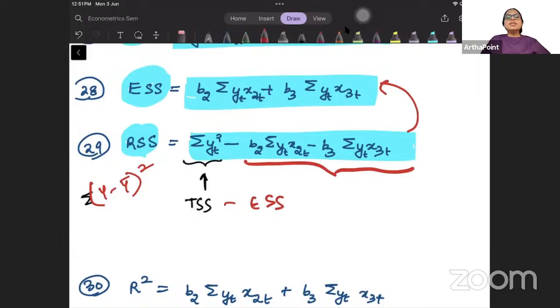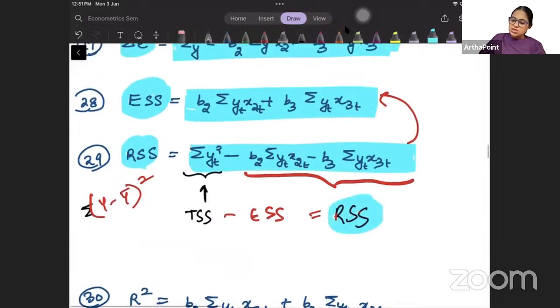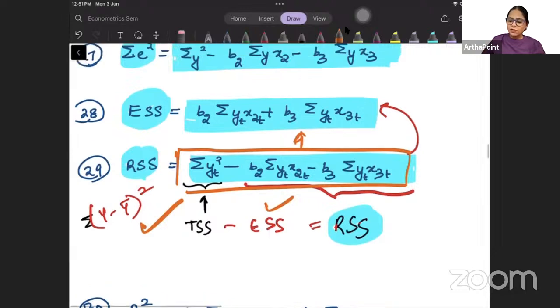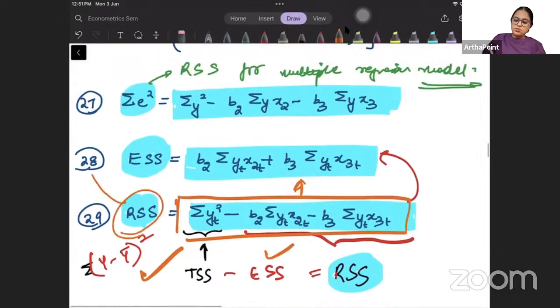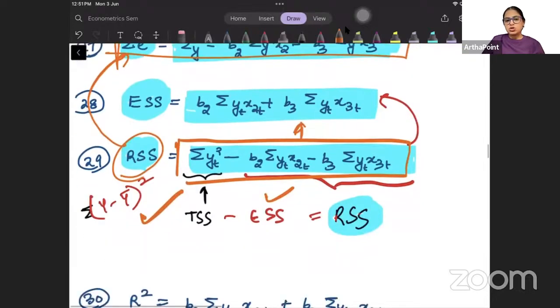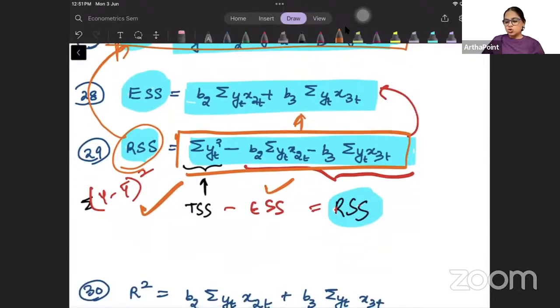So we know now that total sum of square minus explained sum of square is residual sum of square. Isn't it? So this is another way of writing residual sum of square, which is total sum of square minus explained sum of square. And another way of writing the residual sum of square is this, right? So these are the two formulas of residual sum of square.